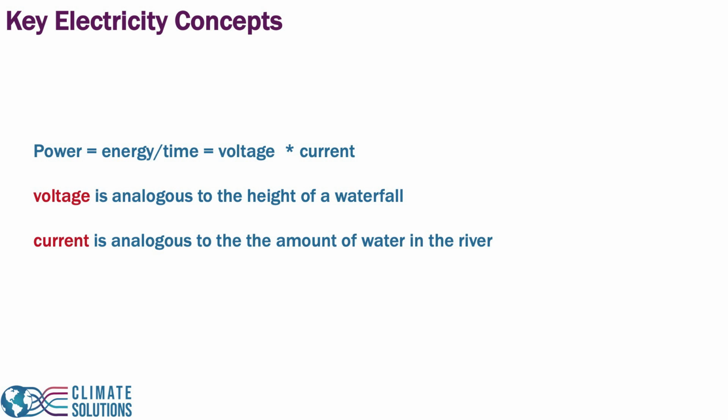The second thing I want you to wrap your head around when you're thinking about electricity, and I'll show you in an illustration in just a minute, is that every time you take a little bit of energy out of the system, like you turn on your microwave or you turn on your toaster, that will reduce the total amount of power available to the person downstream from you.